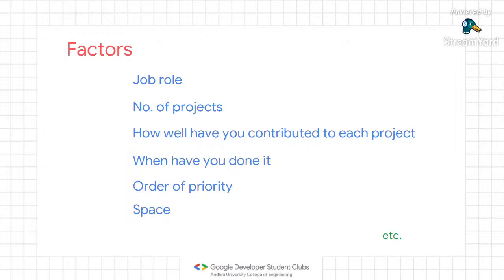If you're torn between two or three projects and all the other factors add up in a similar way, then you can definitely put the most recent one, but that would be the last option.